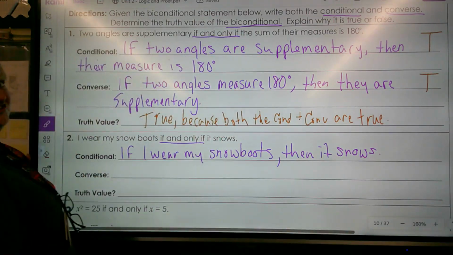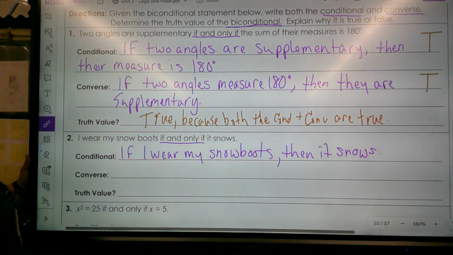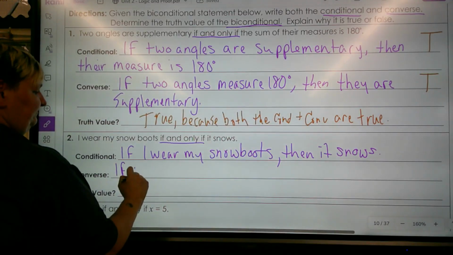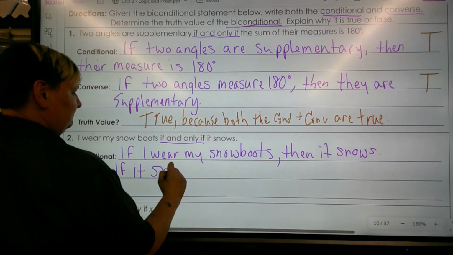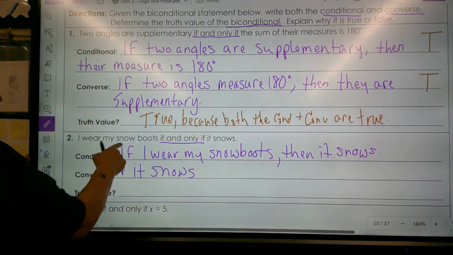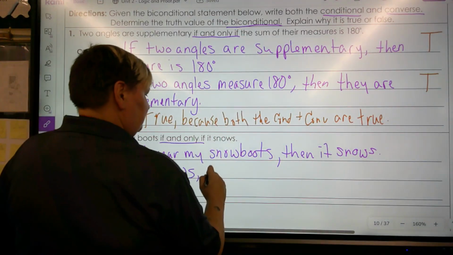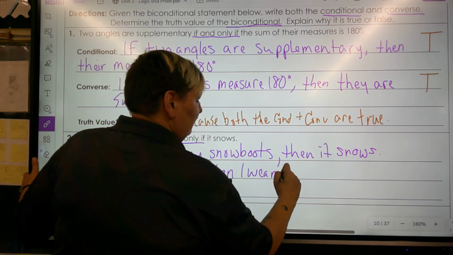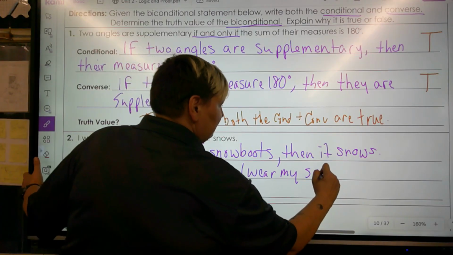That doesn't sound very true. Let's see if the converse is true. We're going to flip it. If it snows, then I wear my snow boots.